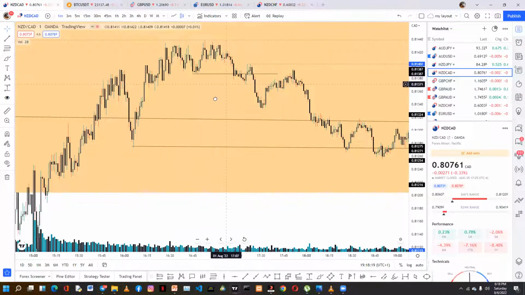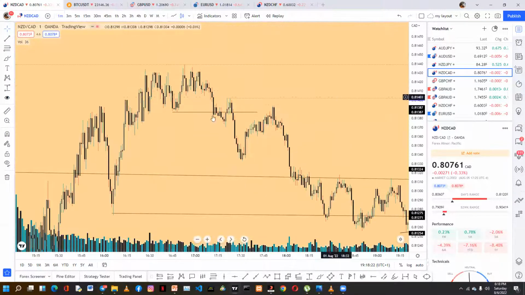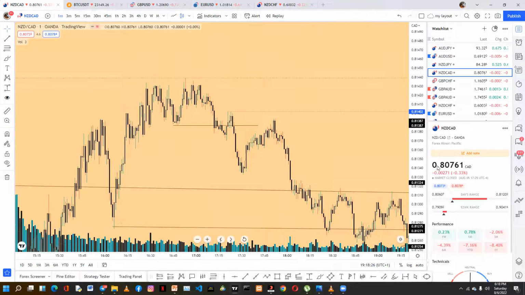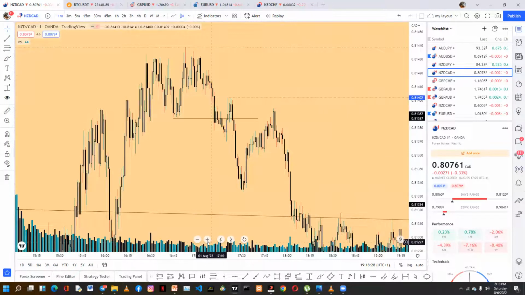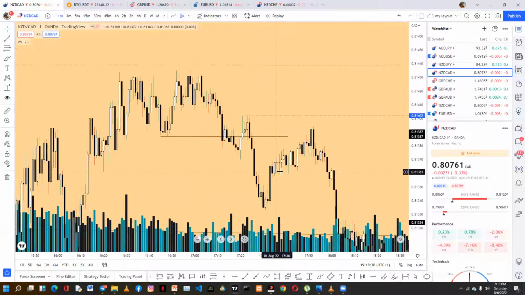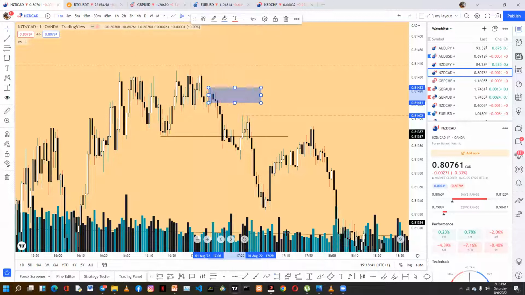So broke structure here. Now, when we got that break of structure, the market didn't come back to test the primary point of interest. Okay, so this is also part of the liquidity. If you watch the high resistance and low resistance liquidity, the part 2. Okay, so now market couldn't come back to touch this level, which is a primary point of interest, and this one also as a primary point of interest.